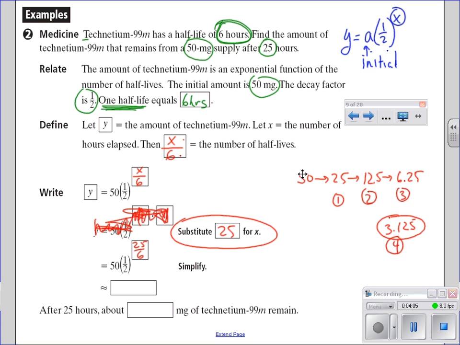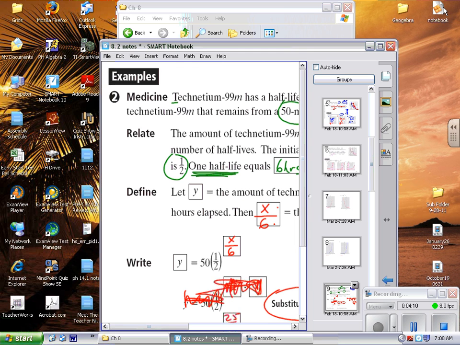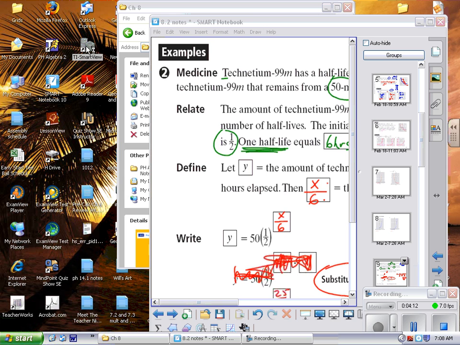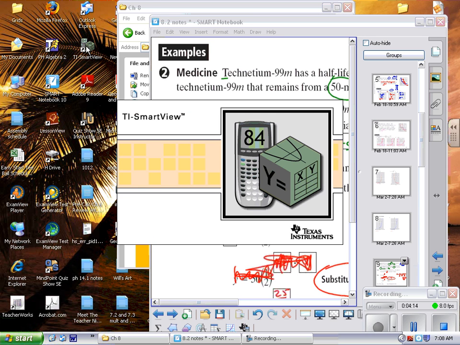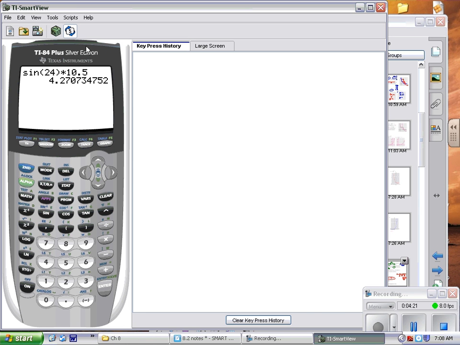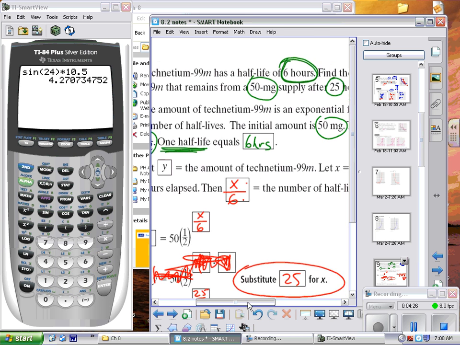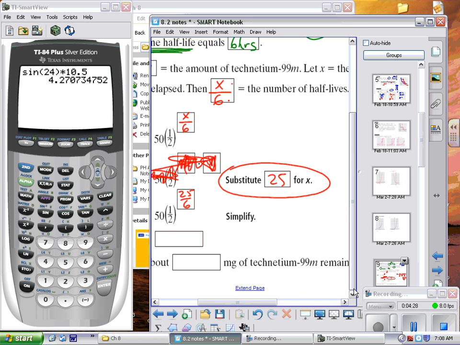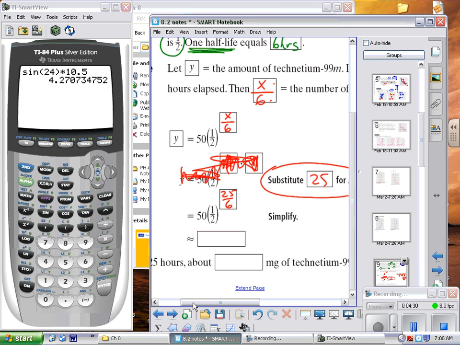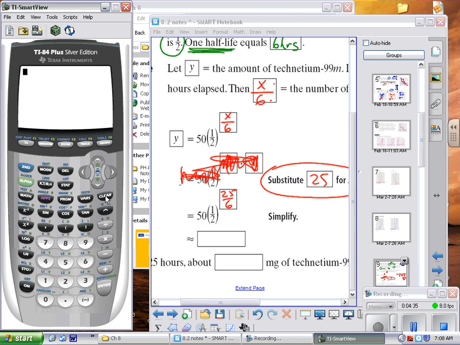So now, how do we put that into our calculator? Well, let's take a look. Sorry about that. So we want to plug in this equation. To make sure I get it right, I'm going to start with the exponential.